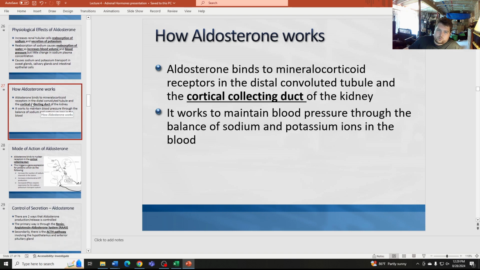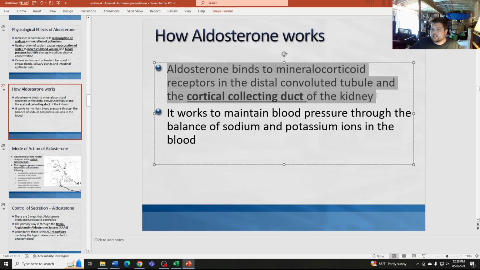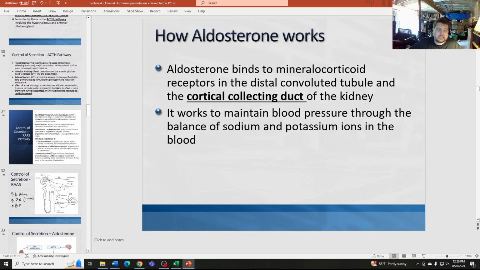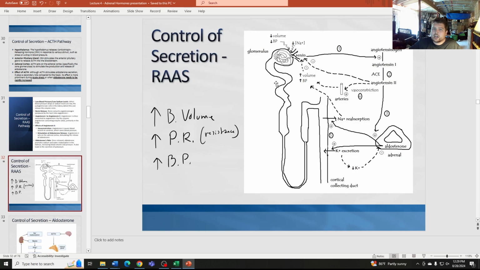The way that aldosterone works, so aldosterone binds to mineralocorticoid receptors located in the distal convoluted tubule, as well as the cortical collecting duct of the kidney. A lot of this kidney stuff, we're going to have a whole lecture on the kidney itself. So a lot of this anatomy, we're going to review all of that eventually when we get there.